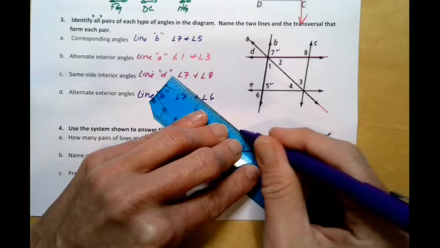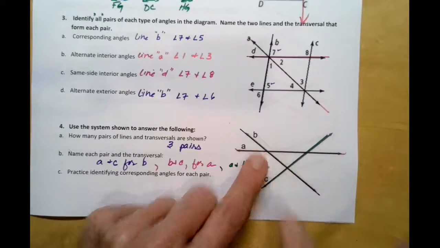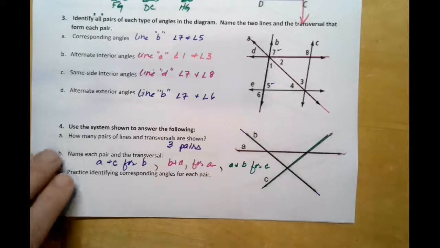By definition, a transversal is any line that forms intersecting lines or angles when it intersects with two other lines.